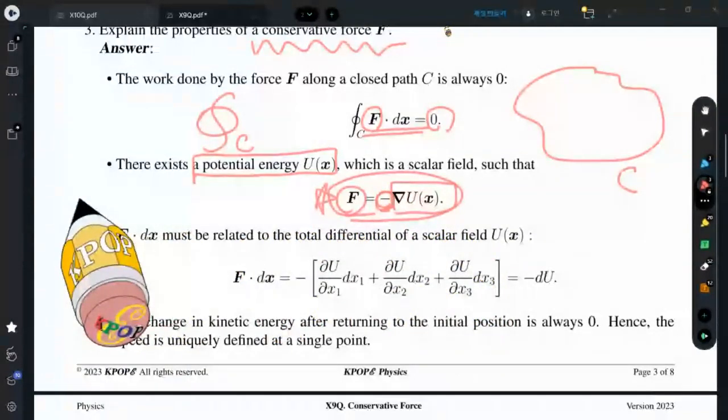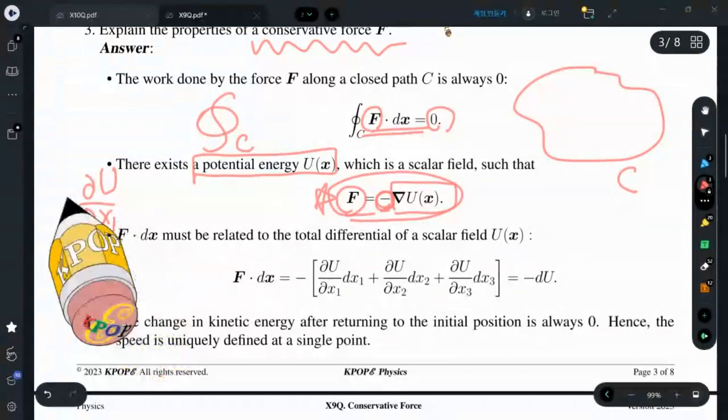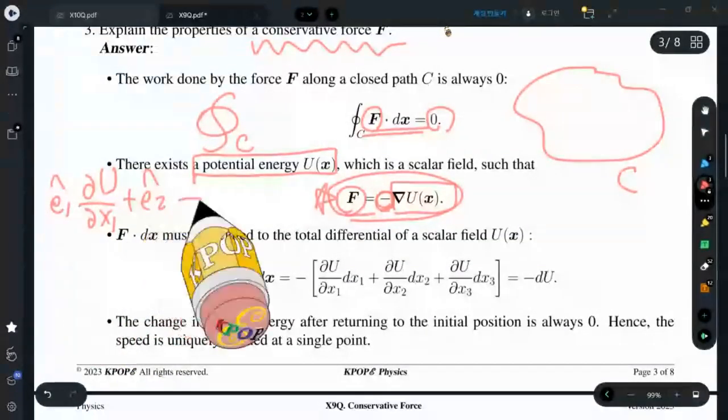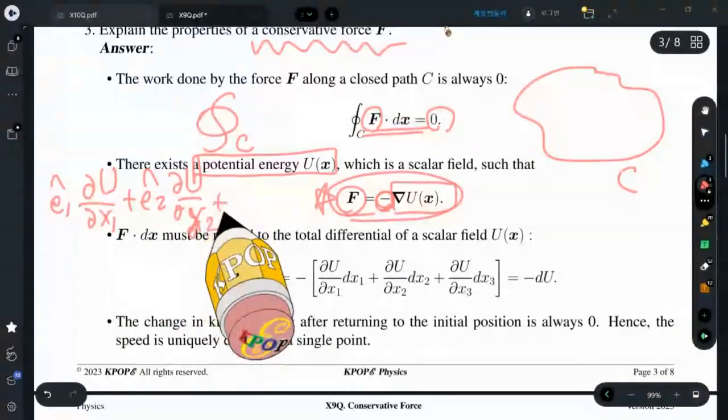You remember, gradient is what? The partial derivative with respect to x, y, and z.